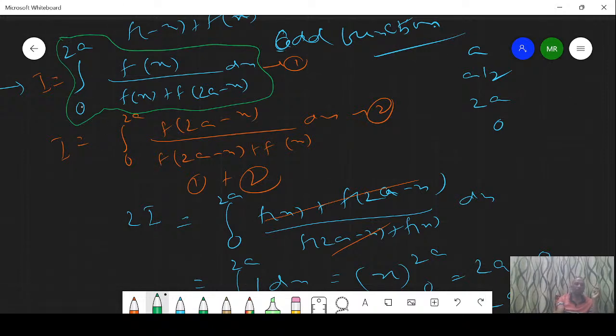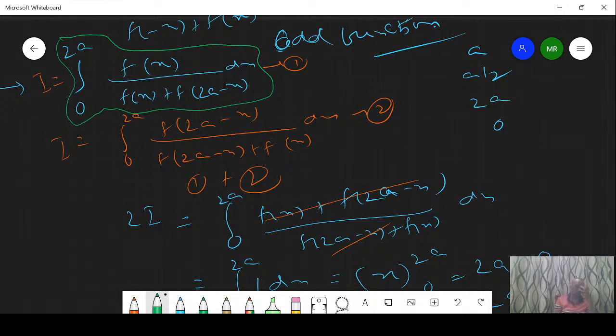Otherwise here also, suppose a to b something is there, then you can expect here a plus b minus x. In that case your answer will be a plus b by 2.